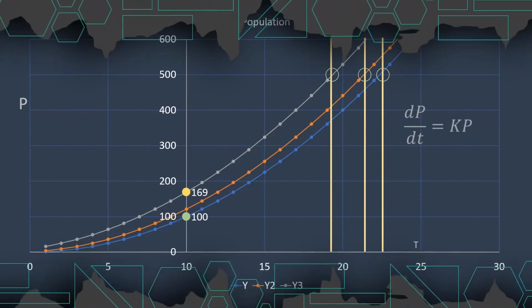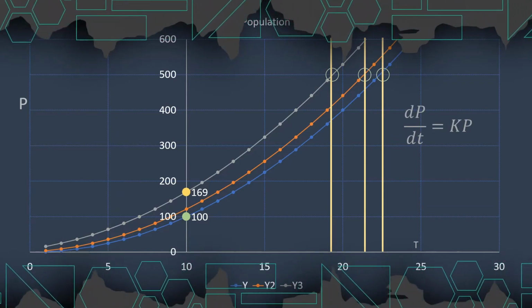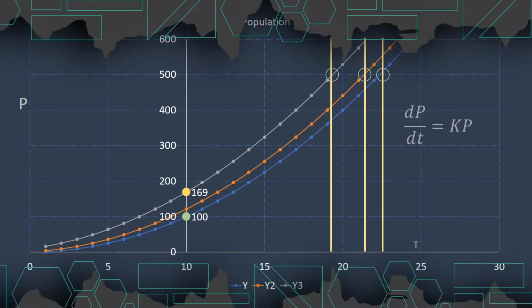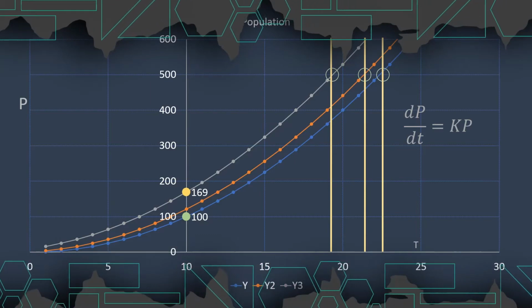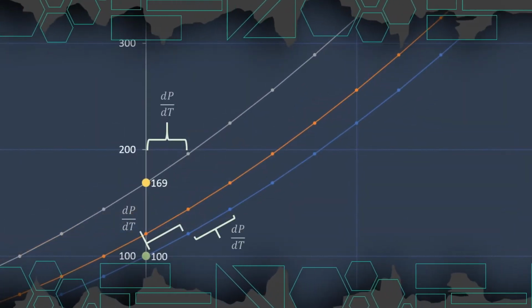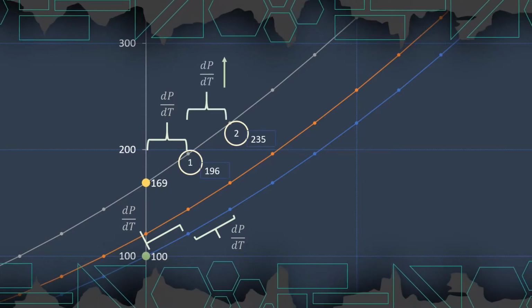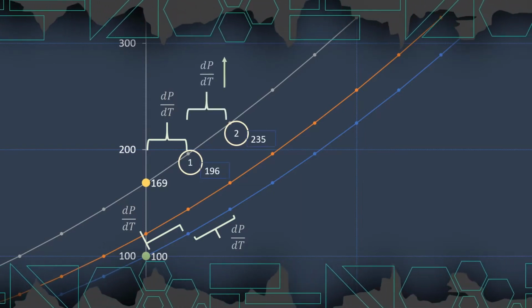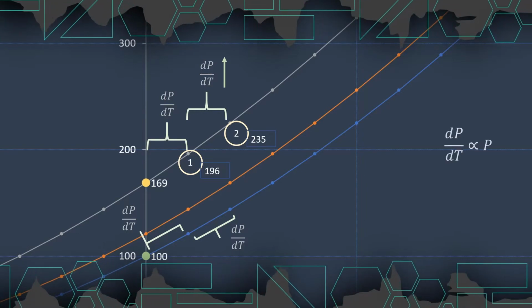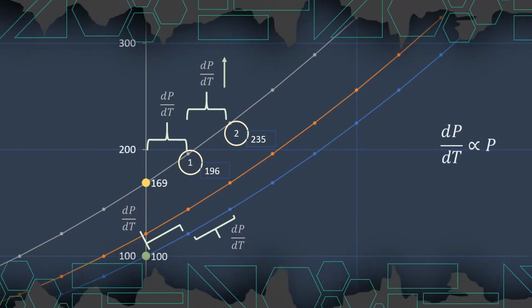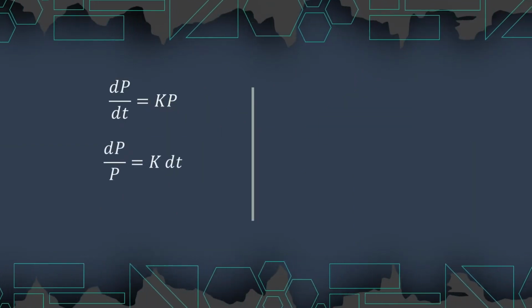The rate of change of population is directly proportional to the population. On taking the proportionality constant outside, dp by dt is equal to kp. We can also see that the slope of the small chunk of line increases as the population increases. Since there are more members to reproduce, the change of population over time is equal to a constant times the population.